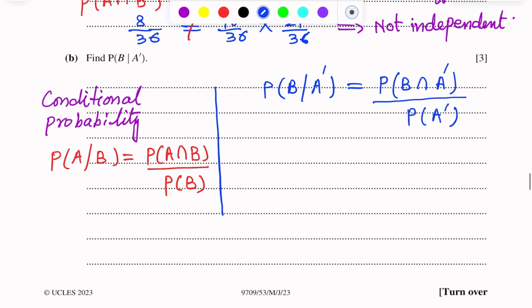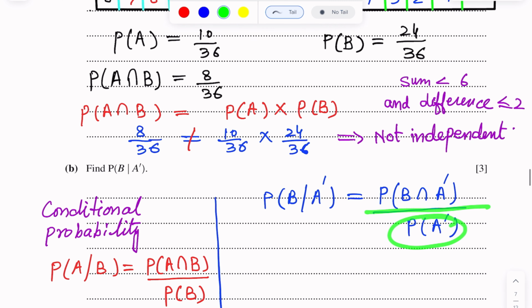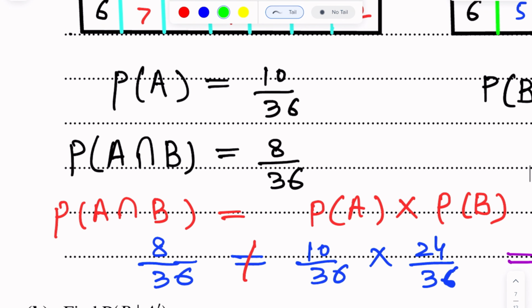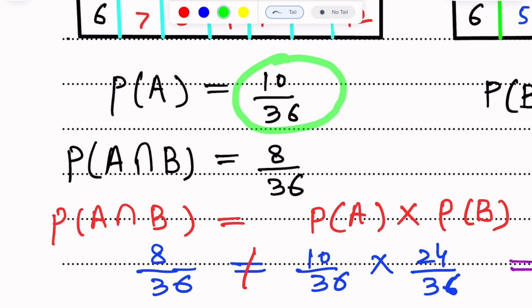First of all, we settle this probability of A dash, which is in the denominator. Clearly, probability of A in the above part we have found is 10 over 36.